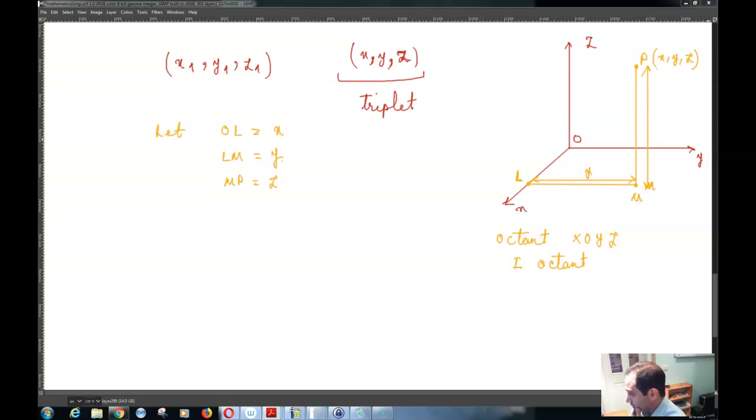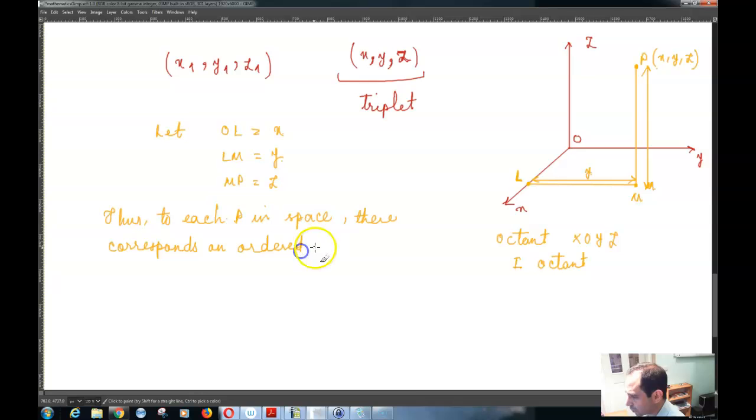So then, based on the process that you saw over here, you can say that thus to each P in space, there corresponds an ordered triplet XYZ of real numbers.